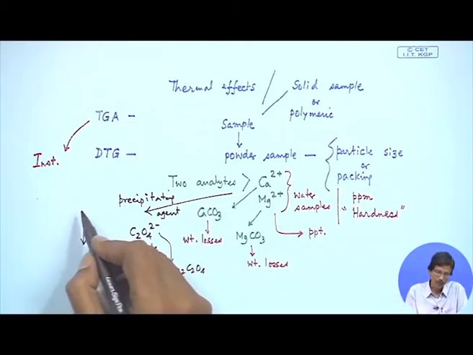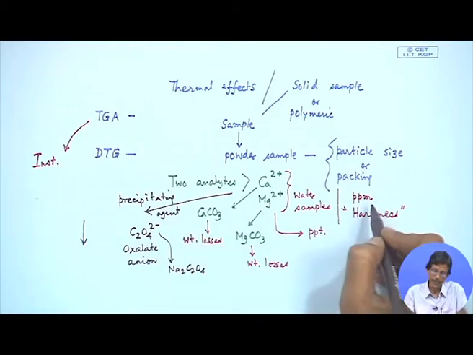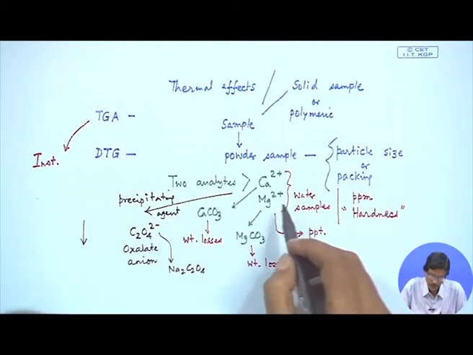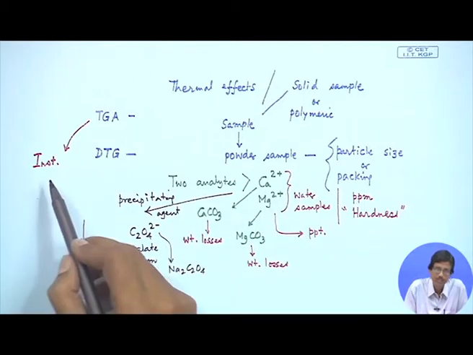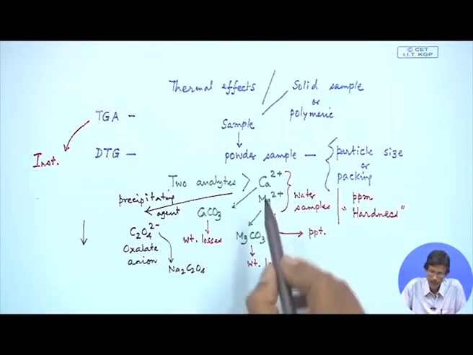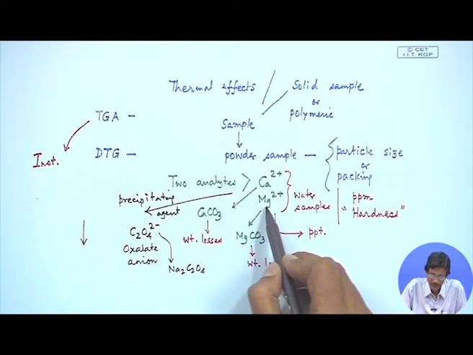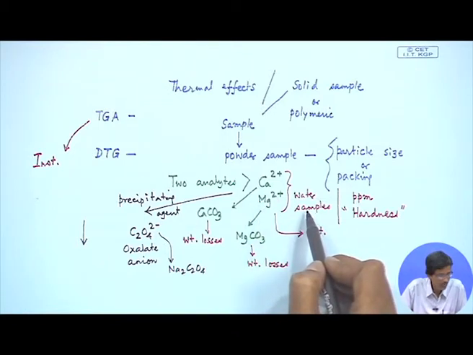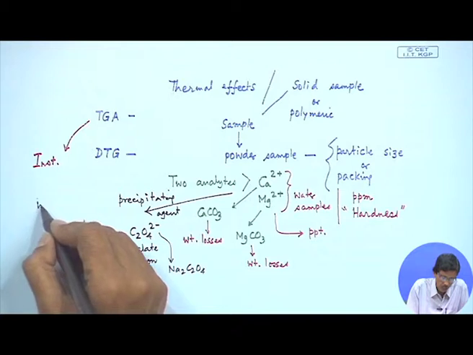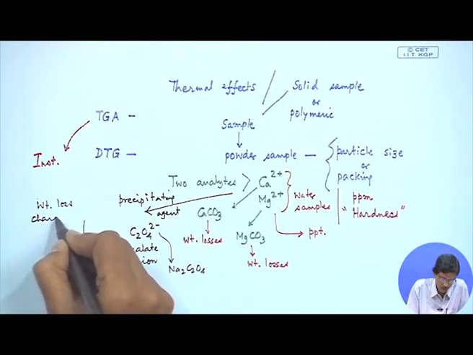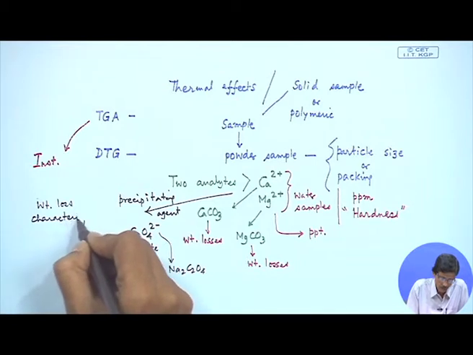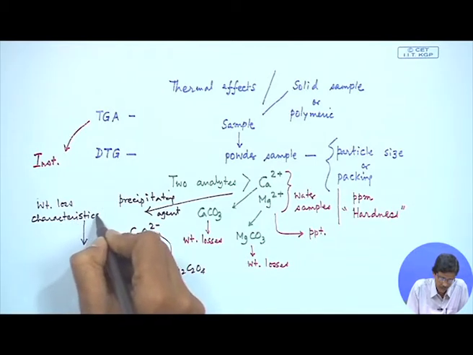So, this precipitation of calcium and magnesium can be used for standardization of the instrument, for analyzing the amount of calcium and magnesium present in the sample, and also the weight loss characteristics.